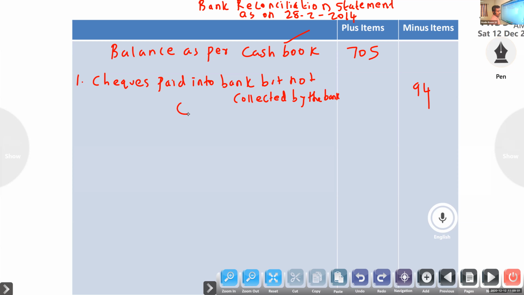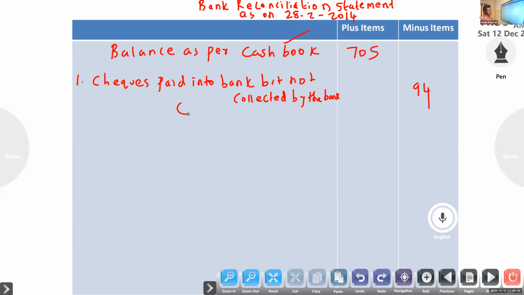It is correct. That is what it is given. So what is this? It is recorded in the bank book, but not in the cash book. What is this? Direct deposit by the customer into the bank, but not recorded in the cash book.